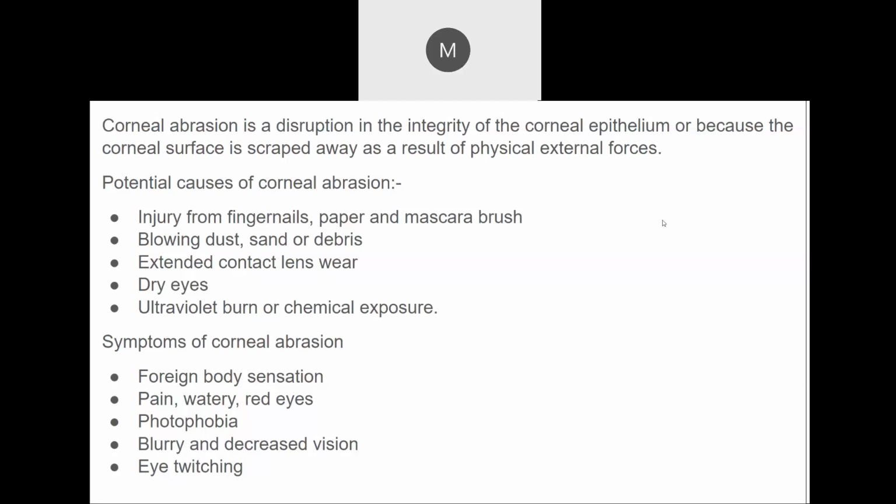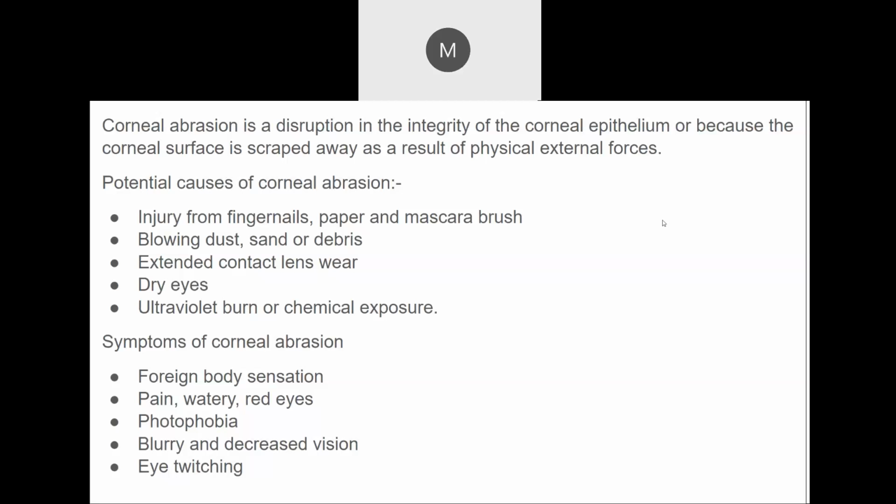As for the symptoms of corneal abrasion, patients typically complain of eye pain and an inability to open the eye because of foreign body sensation. Usually they feel very uncomfortable to work, drive, or read. They can also complain of pain, watery and red eyes, photophobia, blurry and decreased vision, and eye twitching.